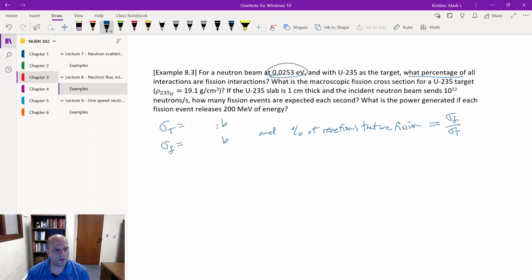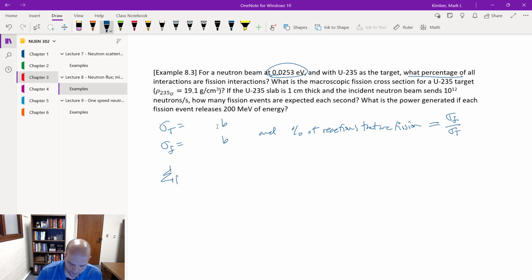So we also want to know what is the macroscopic fission cross-section for a U-235 target. So we're given the density there of U-235, and we're going to look up the fission cross-section, and so this is the second part here.